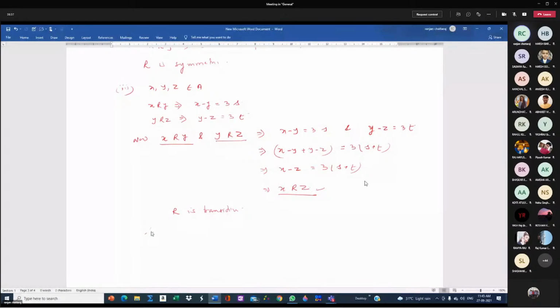So now R is transitive, therefore R is an equivalence relation.